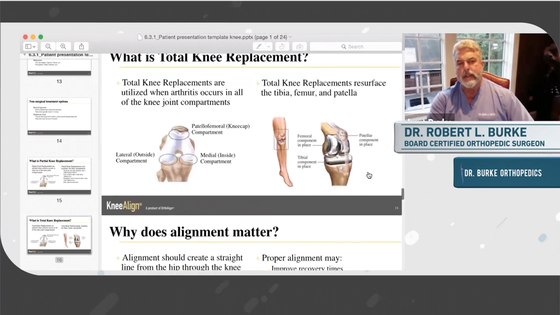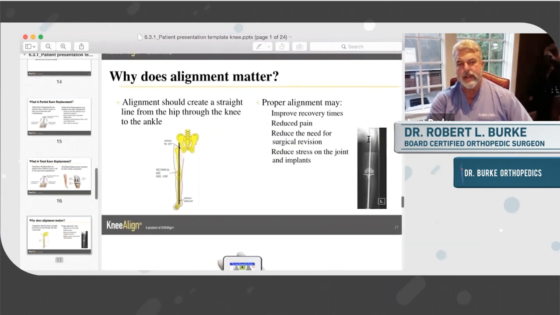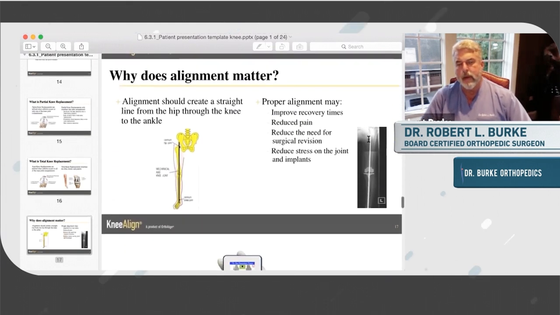The biggest predictor of success in any joint replacement, whether it be a partial knee replacement or a total knee replacement, is reproducing the alignment of the joint so that the joint wears properly, meaning that if you were to draw a line from the center of the hip to the center of the ankle, that line should pass through the exact center of the knee joint.